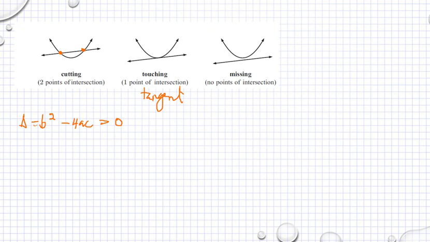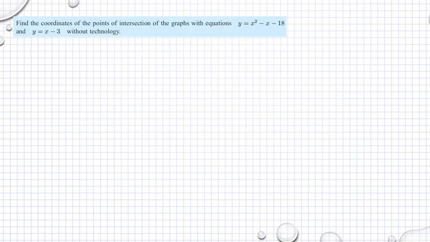When you have a tangent, it is equal to 0, if it's only 1. If it's missing, or there is no intersection at all, then we have less than 0, that is negative. So remember those things when we are solving functions where they meet.